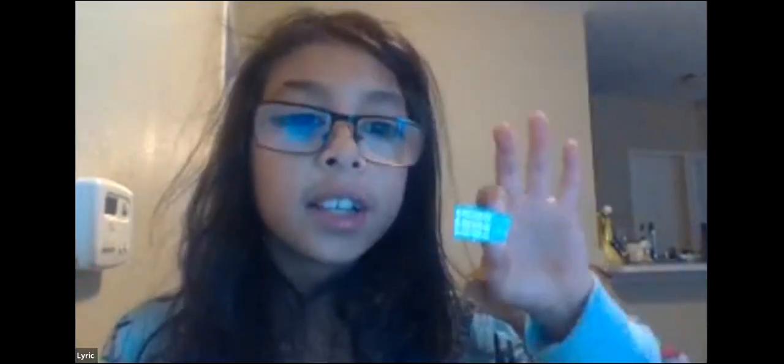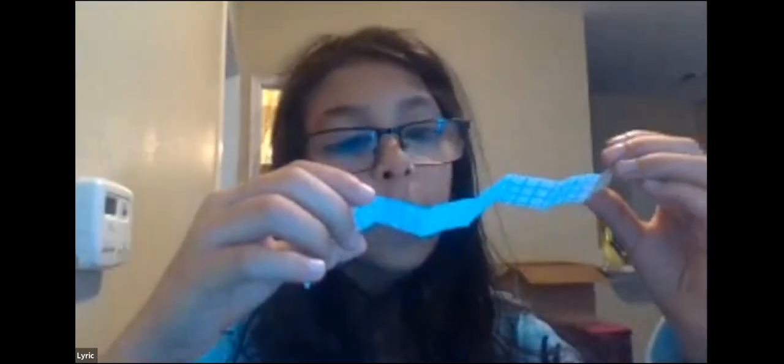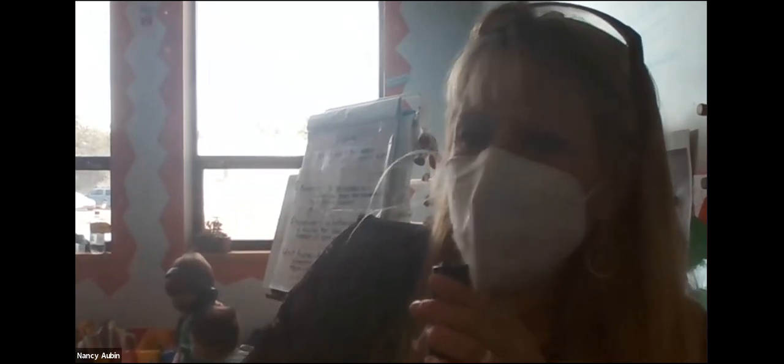Because I messed up on the other one and I had to cut off 2 pieces. Does anyone else have an explanation why that would work, Sunny Poe? 1, 2, 3, 4, 5, 6, 7, 8. Okay, Sunny said 4 times 2 is 8, or 4 plus 4 is 8, so you just have to fold it in half again.